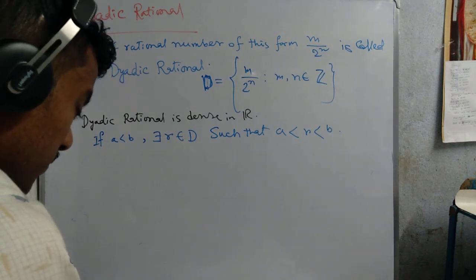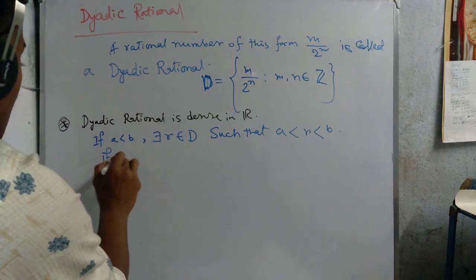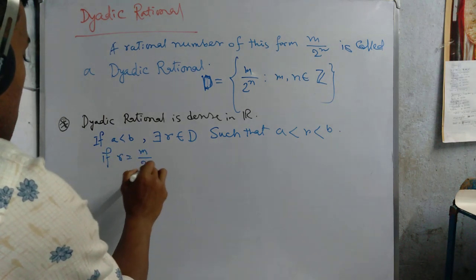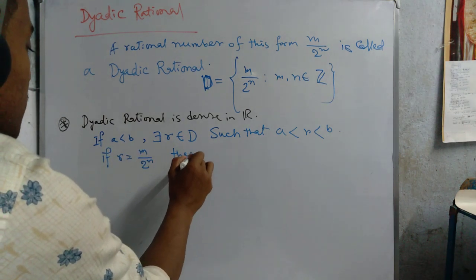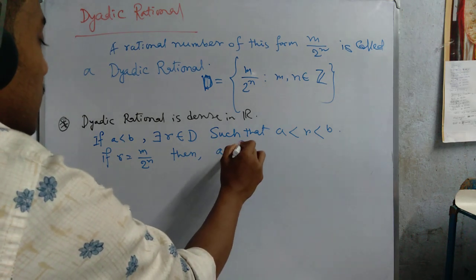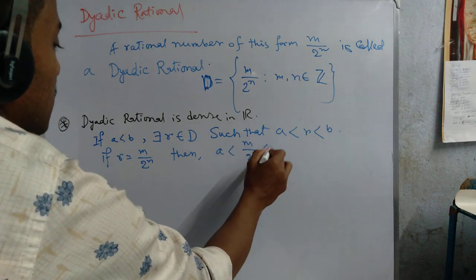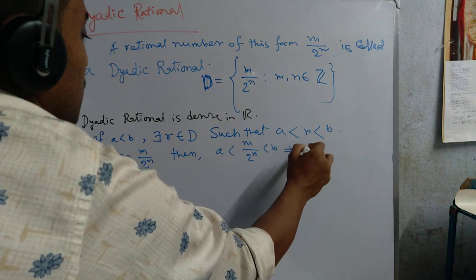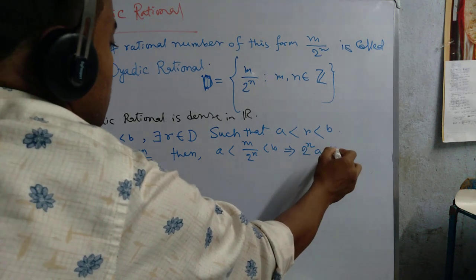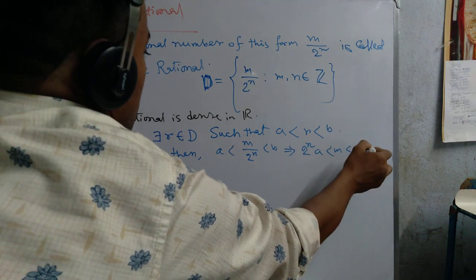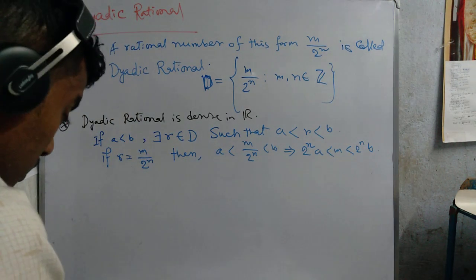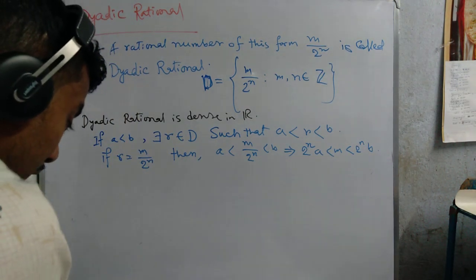So this implies what? If r equals m by 2 to the power n, then a less than m by 2 to the power n less than b. This implies 2 to the power n a less than m less than 2 to the power n b. Obviously it happens.